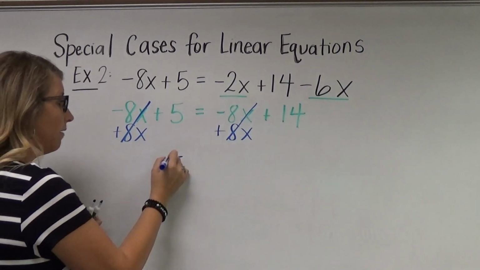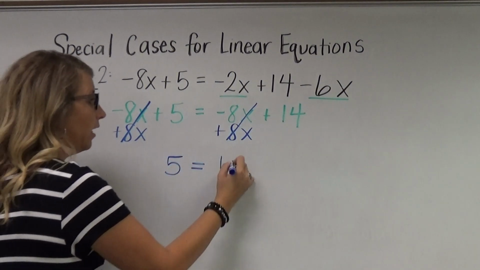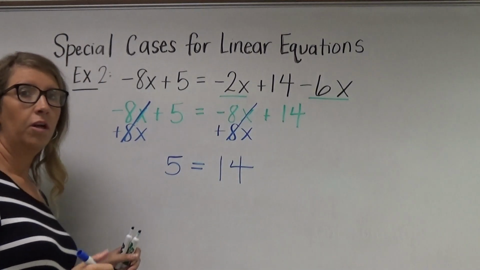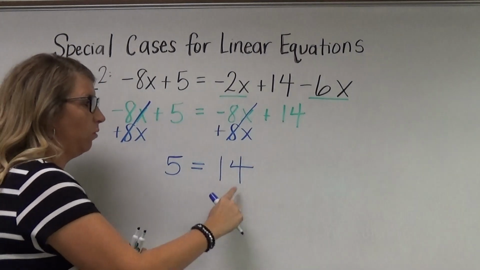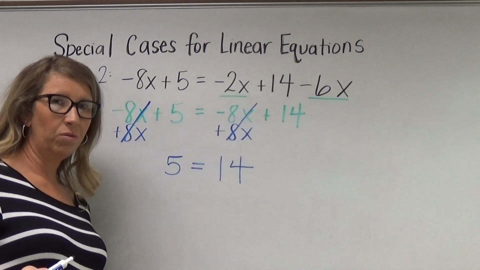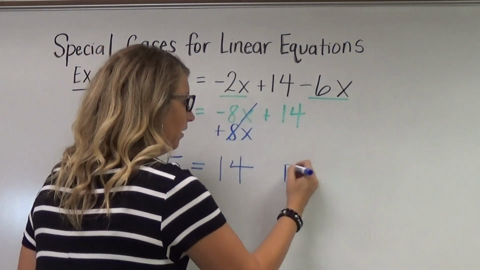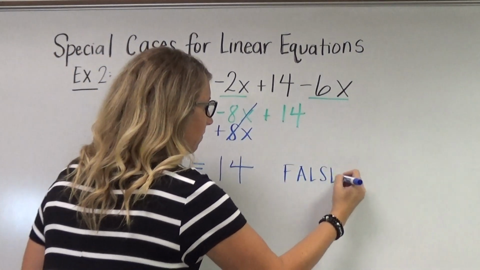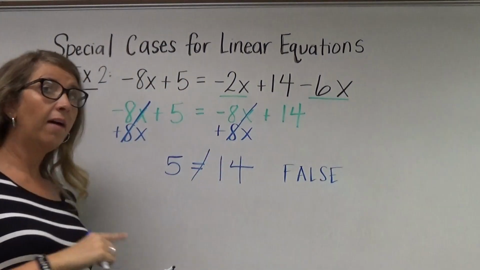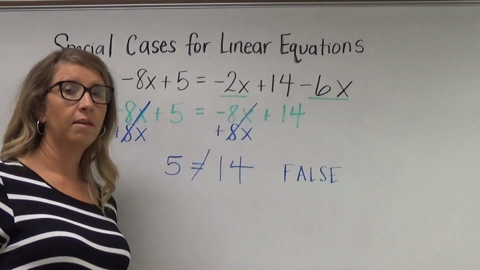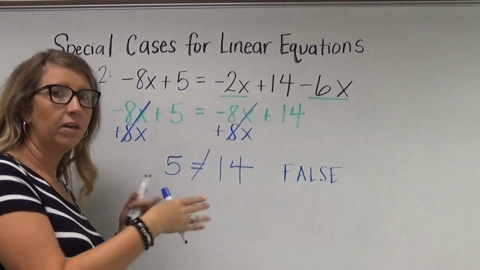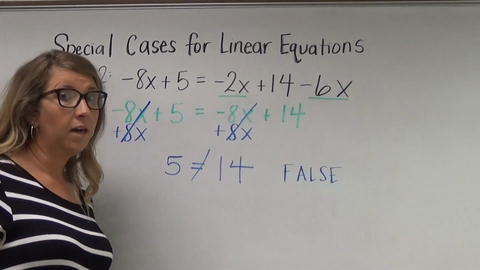All that leaves me with is a 5 on the left and a 14 on the right. Read that. 5 equals 14. Can that be true? No. That's a false statement. Doesn't work. 5 is not equal to 14. It never is. And there's no x left for us to solve for. So we have to be done.